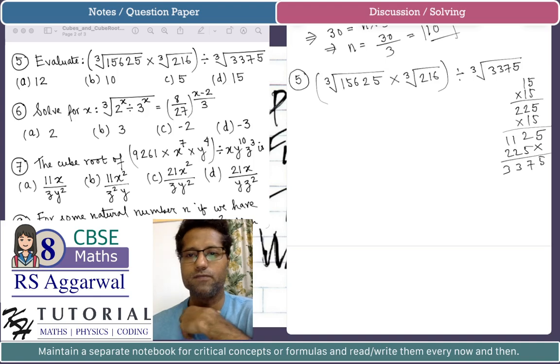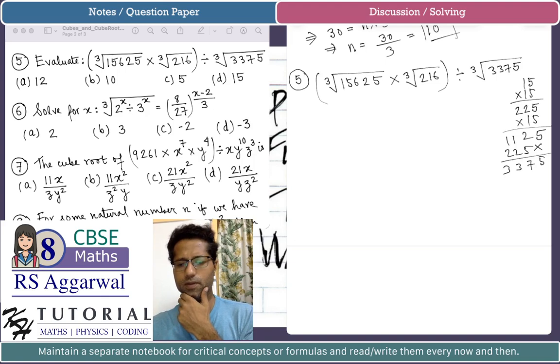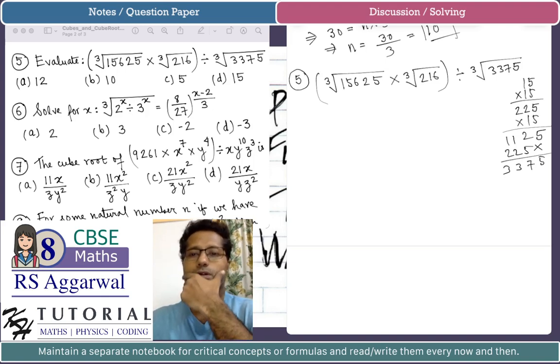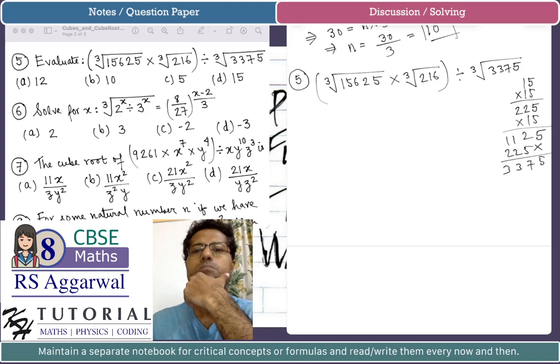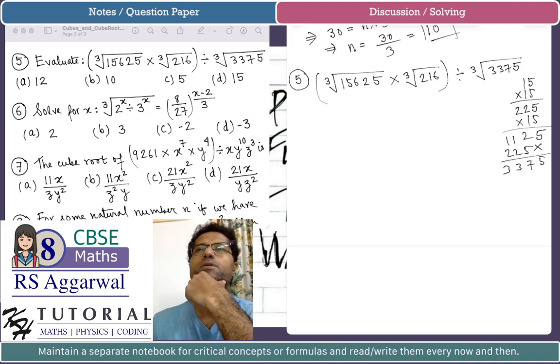And what about 15625? Its cube root will also end with 5. So the cube root of any perfect cube ending with 5 also ends with 5. Now 15625 has 5 digits, so its cube root will possibly contain 2 digits.